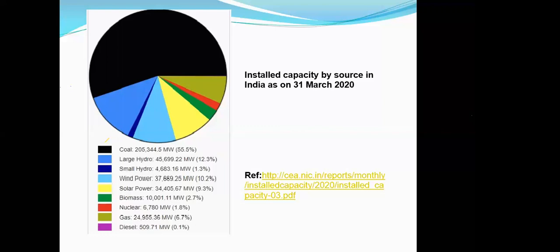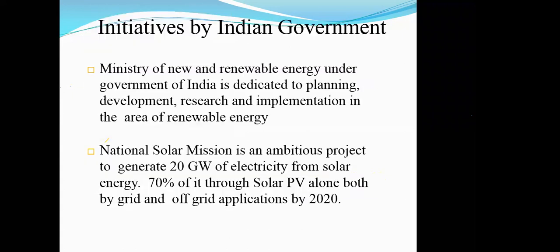So we can see how it is increasing, and this is the effect of many initiatives taken by the Indian government. The Government of India has a Ministry of New and Renewable Energy, dedicated to planning, development, research, and implementation in the area of renewable energy.